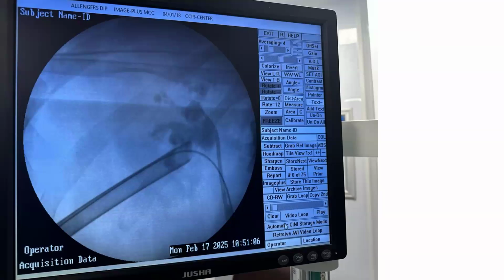Listen, last time we had discussed about the stones, this staghorn calculus. We had asked them the question from where you will enter.